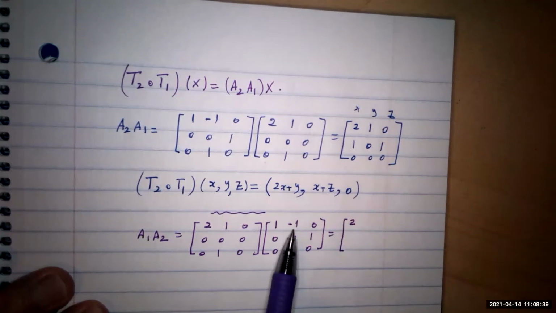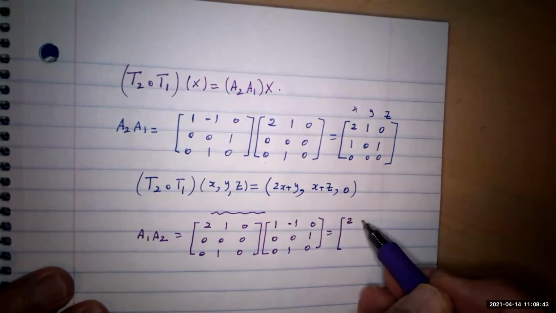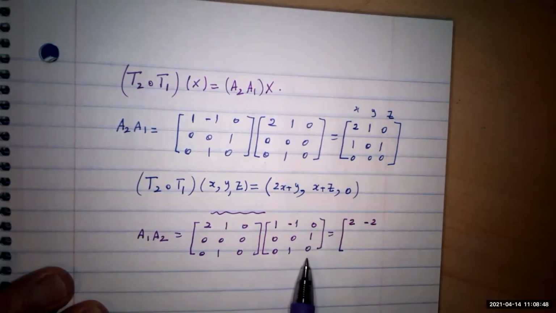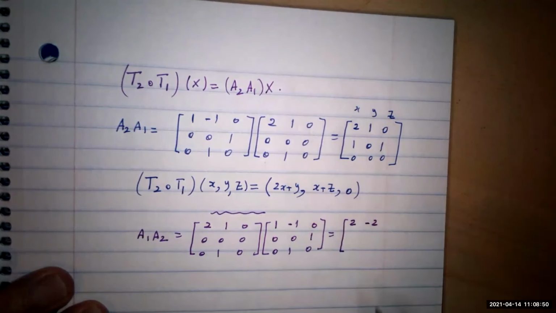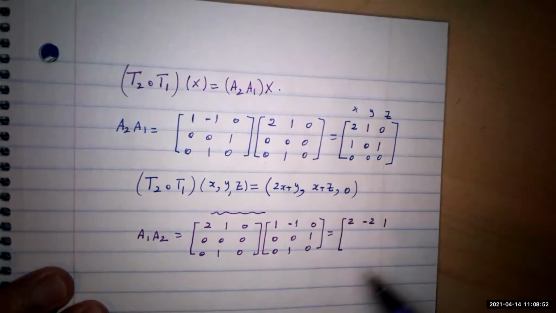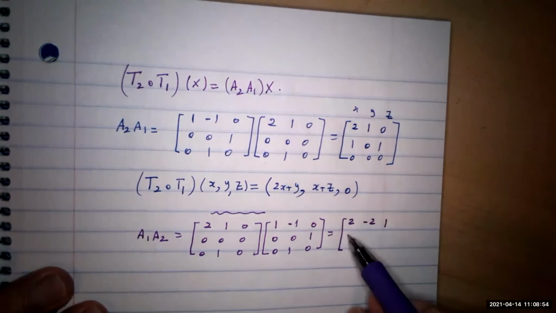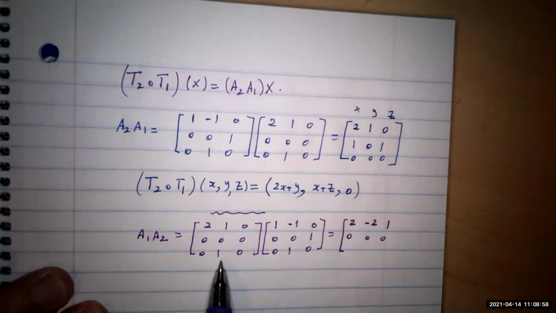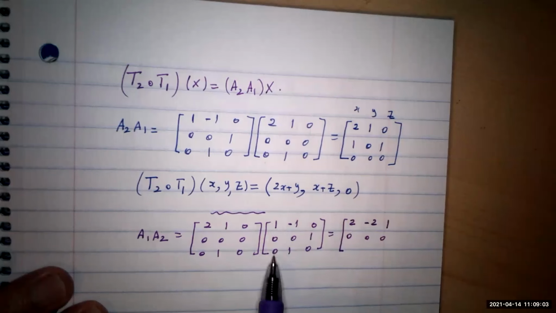If you go forward and do the other one, that gives you a negative 2. If you multiply this one by the third column, that gives you 1. If you do the second one, everything would be 0.